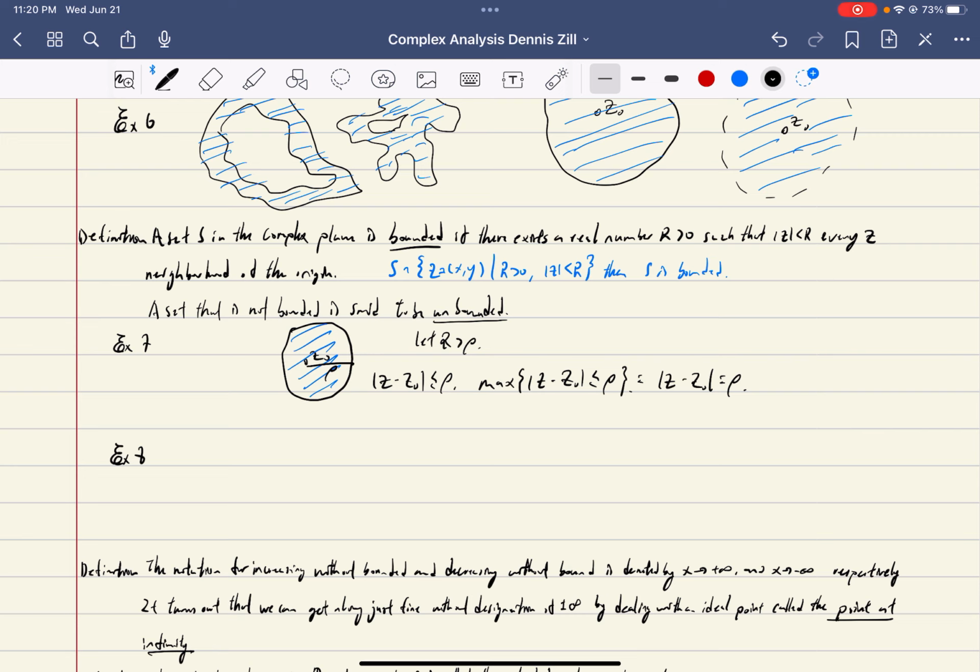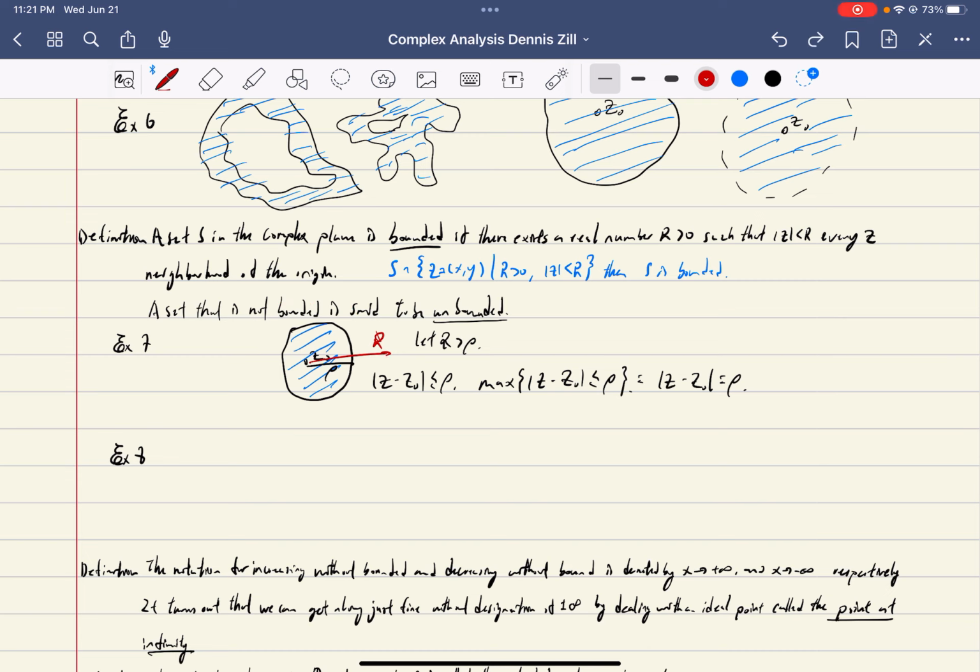And so if we choose r greater than ρ, then r is greater than the maximum value. So our r is actually over here, and now we can construct this circle over here.